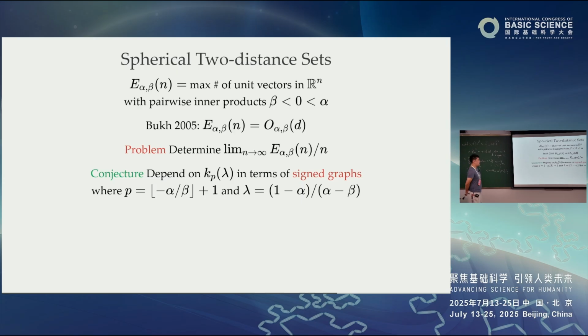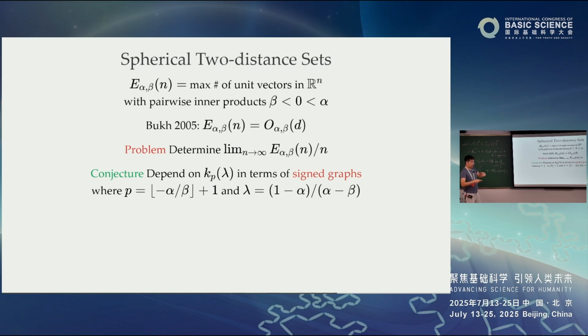And the conjecture is that now this limit depends on a quantity. So notice, there's a little p down here. It is some quantity, but the quantity is defined in terms of signed graphs. By signed graphs, I mean graphs where each edge can carry a sign, either positive or negative.